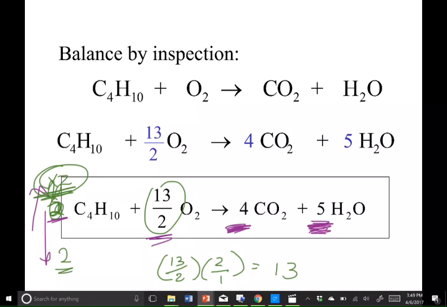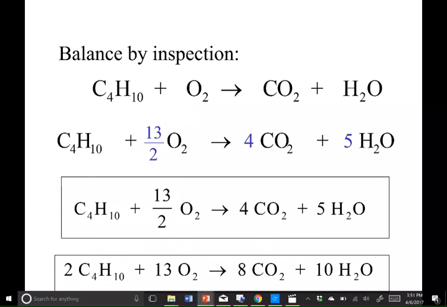This is my alternate set down here. What if I take 4 times 2? I get 8 of these, and 5 times 2, I get 10 of these. What I've written at the bottom, I know it's really messy, the stoichiometric coefficients of 2, 13, 8, and 10, are an alternate scale up of the original coefficients I had of 1, 13 halves, 4, and 5. Do you see how that works?